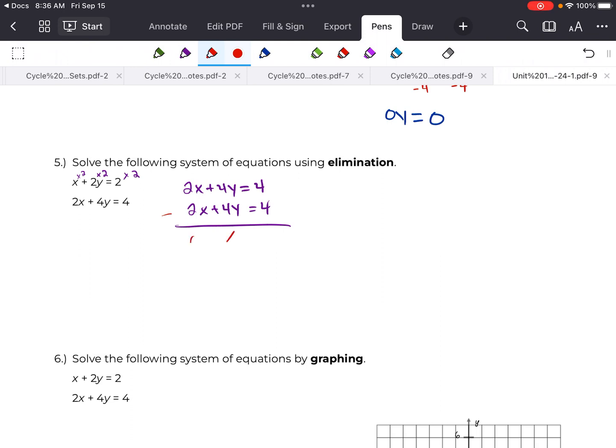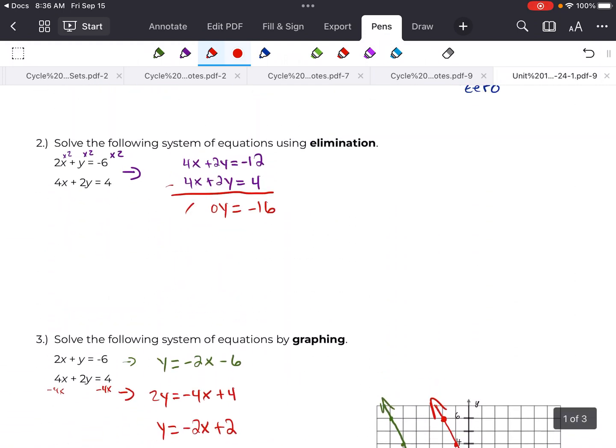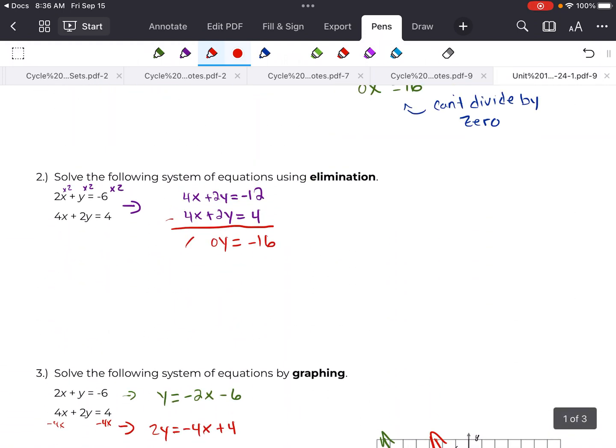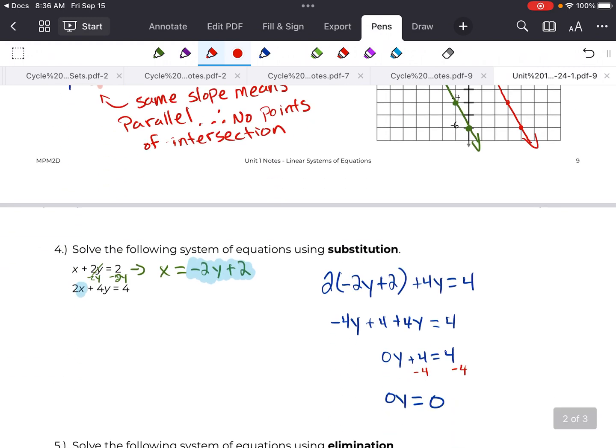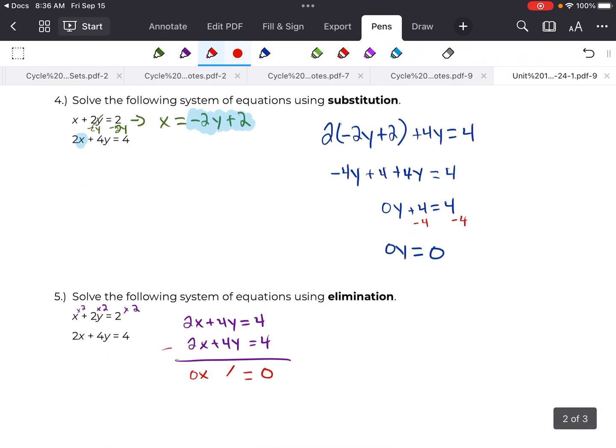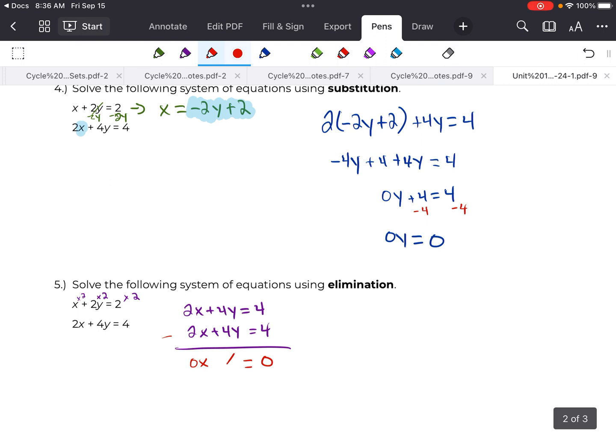But 2x minus 2x is 0. 4 minus 4 is 0. Again, we end up with 0x equals 0. If we look back at our other elimination, we had 0y equals negative 16. So when the lines were parallel, yes, we were getting 0x and 0y, but we are getting an answer still. Now we're having 0x and 0y, but the answer is 0.